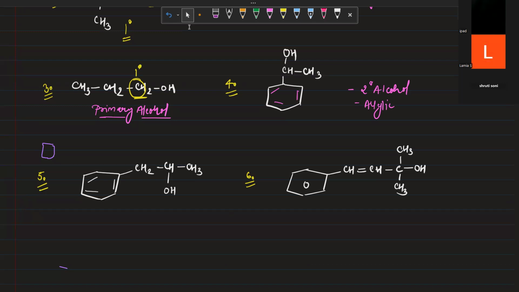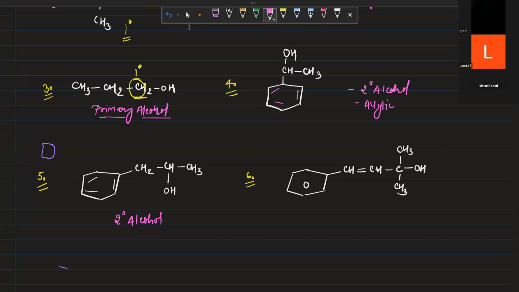The carbon is directly attached to one, two. It would be 2 degrees, right? Yeah, 2 degree alcohol. And is it allylic, vinylic, or anything? It's directly attached to the alkene. No, it would be allylic. Is it allylic?